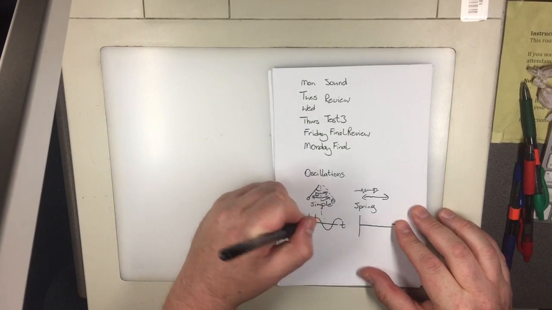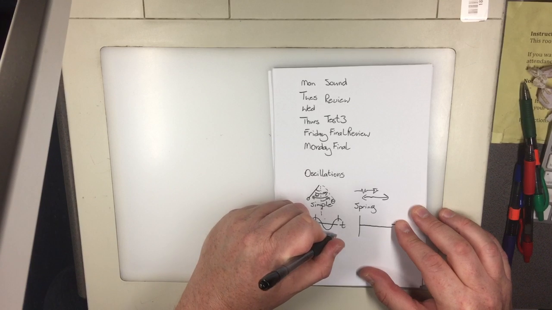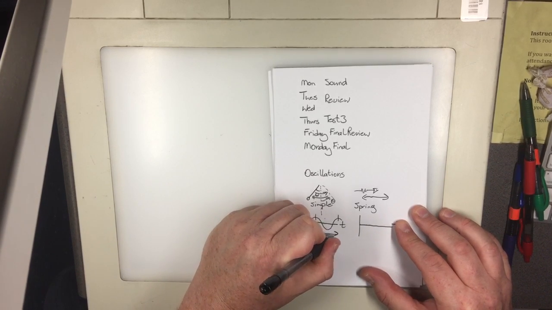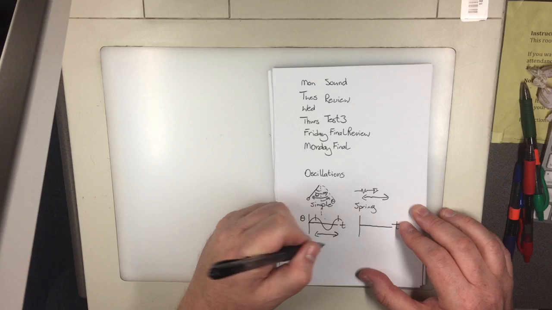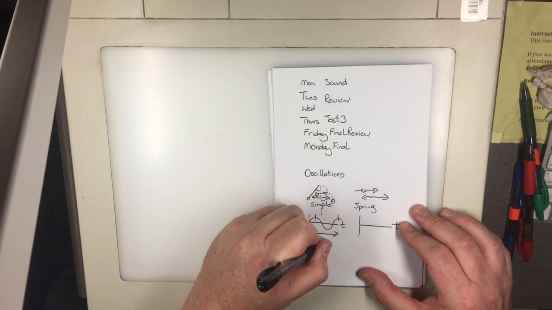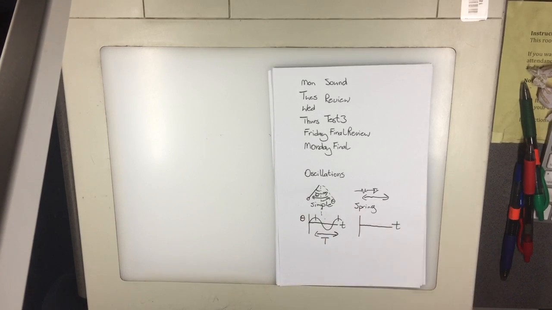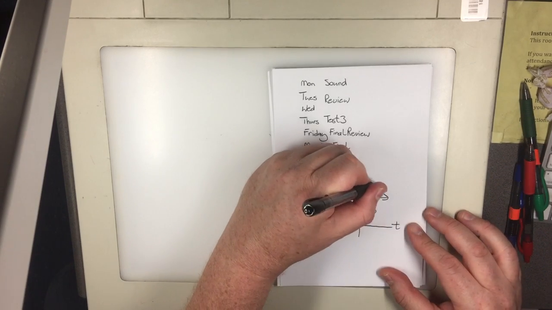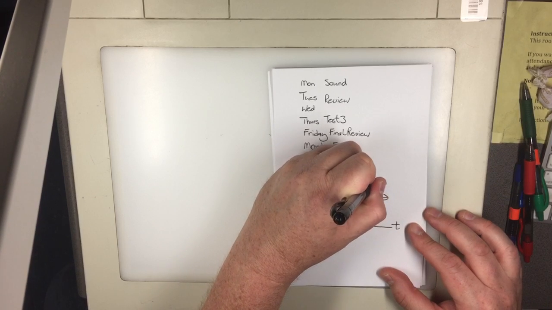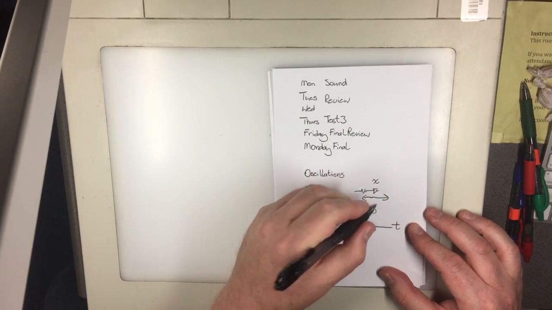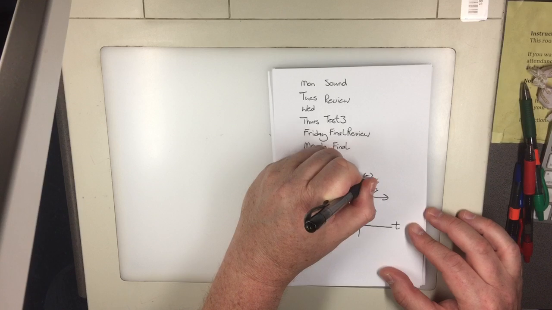The time between there and there is called the period. In a spring pendulum, it is the displacement x. So if it's to the left, if it's compressed, we say it's negative.